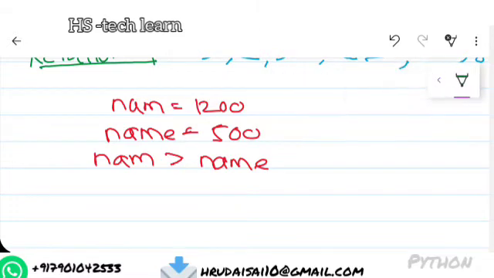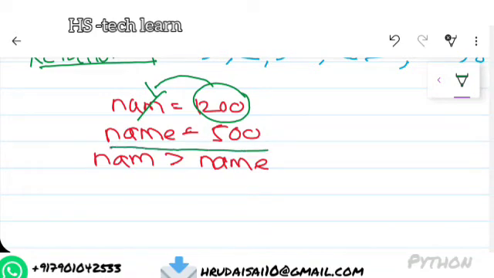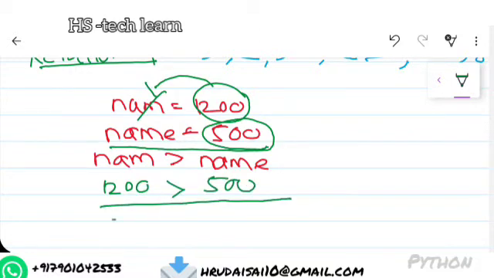Let's check. What is the value of num? It is 1200. What is the value of name? It is 500. Let's verify here. 1200 greater than 500. The given condition is true. For the relational operators, the output will be either true or false.